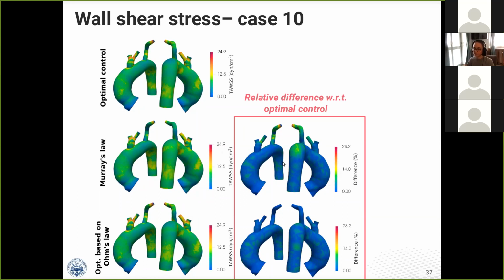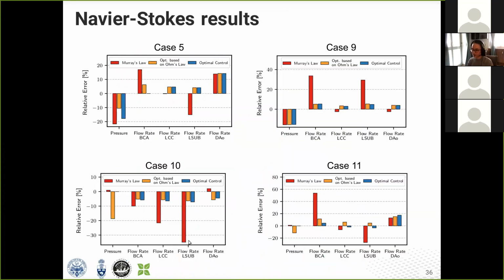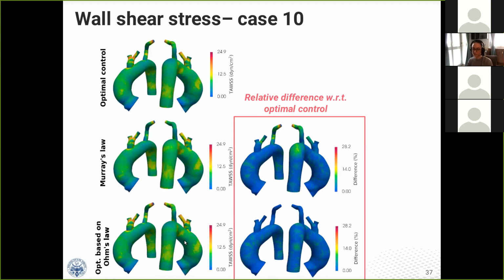And you see in this case that you obtain a difference with respect to optimal control in wall shear stress that is almost 30%. And interestingly, the highest point is at this exit called the left subclavian, L sub, and it is exactly where we have the highest error in the flow rate. So there is a clear correlation between boundary conditions and the wall shear stress and oscillatory shear index that we get.